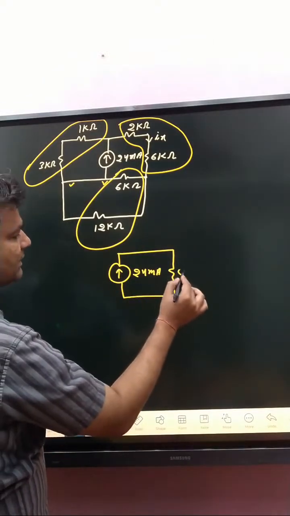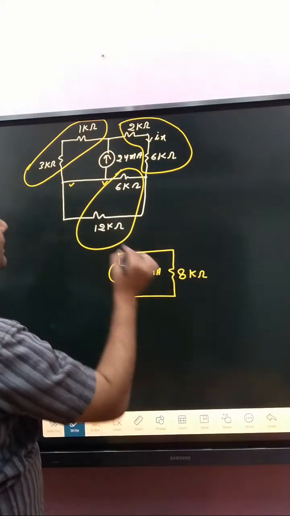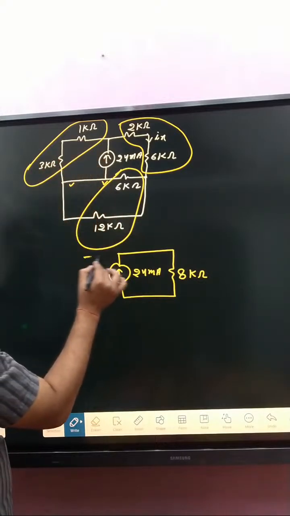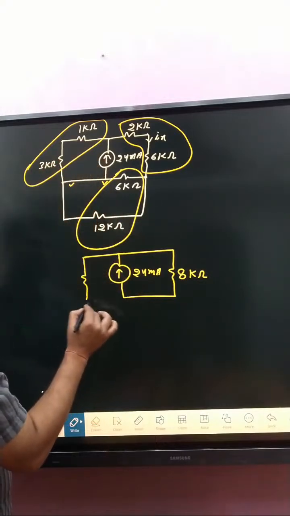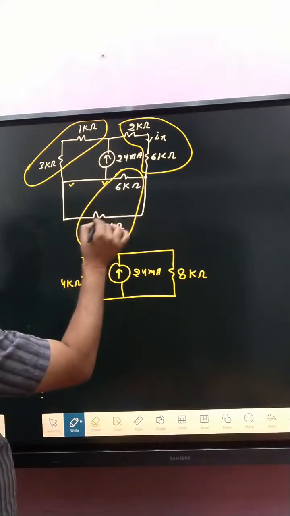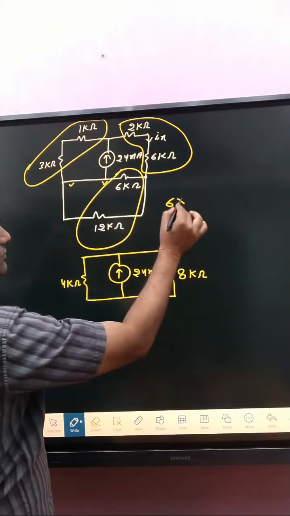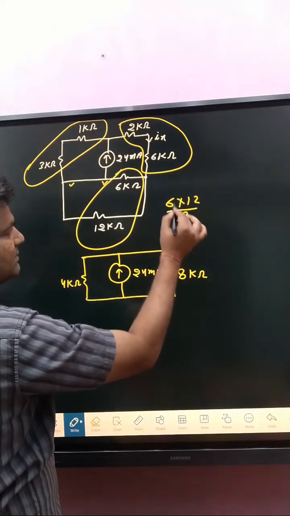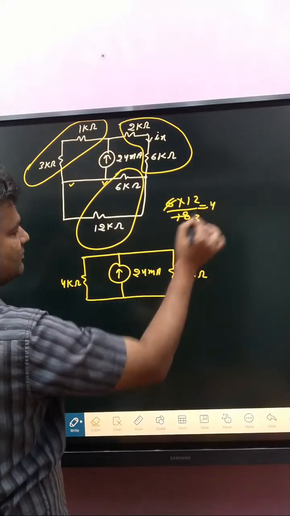2 and 6, that is 8 kilo ohm, and 1 plus 3, that is 4 kilo ohm. Okay. And 6 and 12 both are in parallel. So 6 times 12 divided by 18, that is 4 kilo ohm.